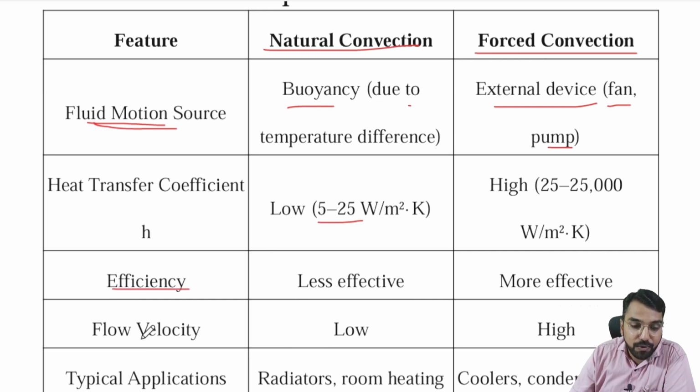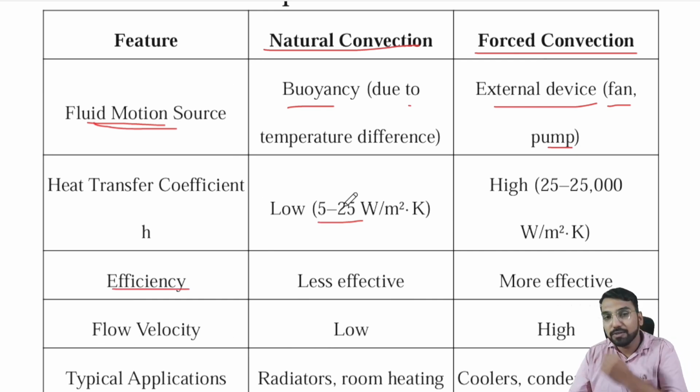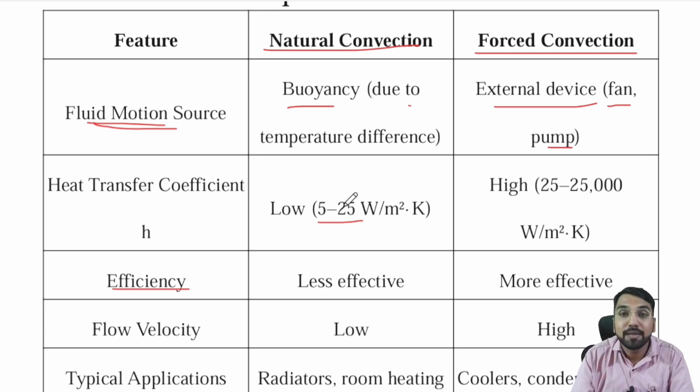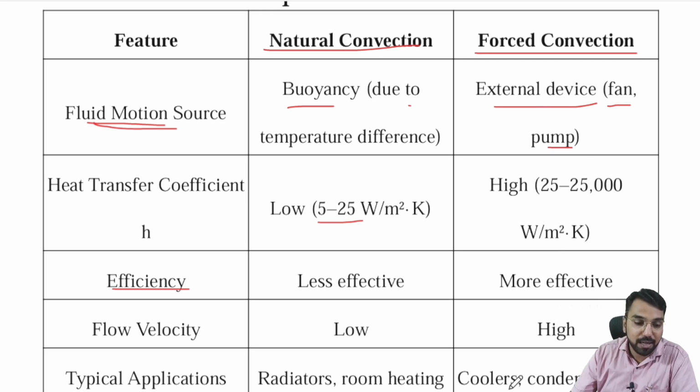Regarding flow velocity, in natural convection it will be lower because the flow is completely due to the natural buoyancy force created by the temperature or density difference. In forced convection, because we use external devices like fans and blowers, the flow velocity of fluid particles is higher.